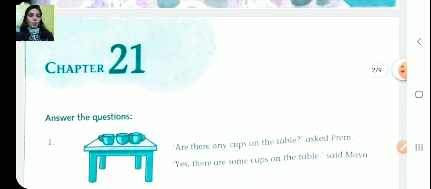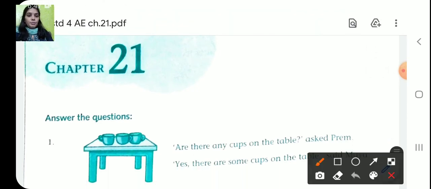Now, with your beautiful handwriting, you are going to write the answers. No, first you will write the date. So what is the date?